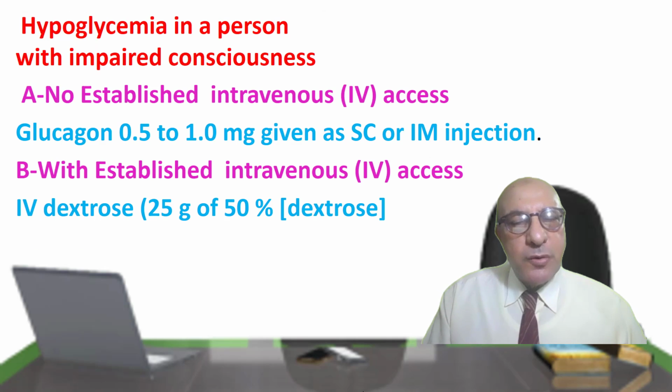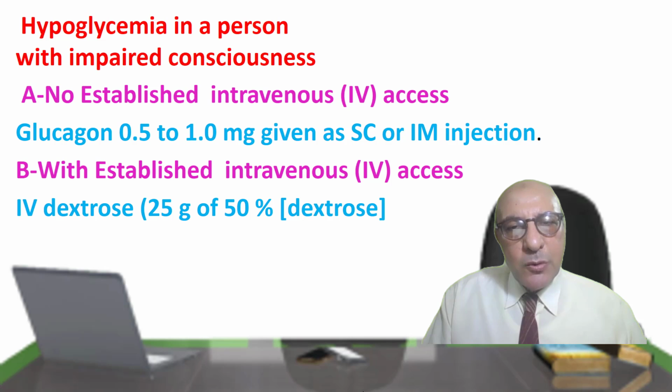What about treatment of severe hypoglycemia? If we have hypoglycemia in a person with impaired consciousness, naturally he cannot help himself. He cannot swallow. We cannot use oral methods to help him. We have two situations. If there is no established intravenous access, we use glucagon 0.5 to 1 milligram subcutaneous or intramuscular.